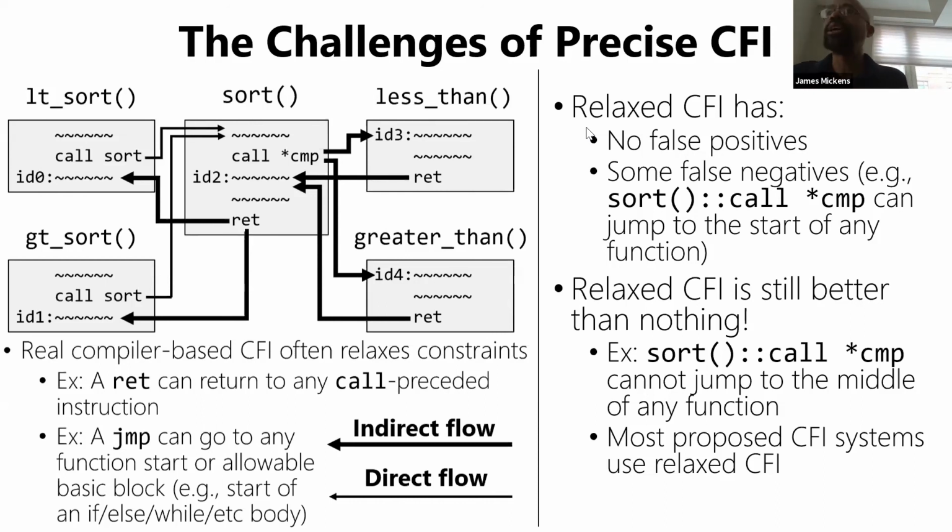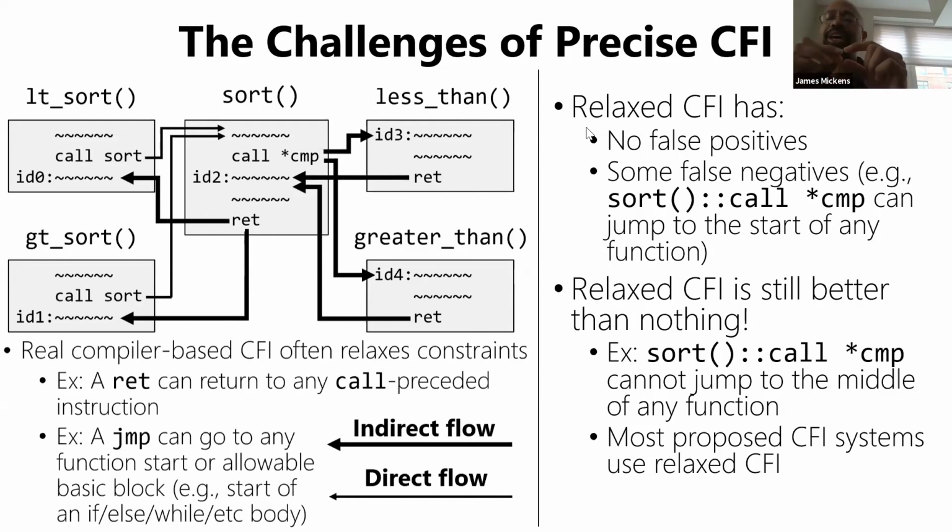So for example, if there's a ret, the CFI scheme might want to make sure that the ret target is a call preceded instruction. The naive way to do this is to literally have the instrumentation read the bytes in the code segment immediately before the desired jump target, the return target, right?